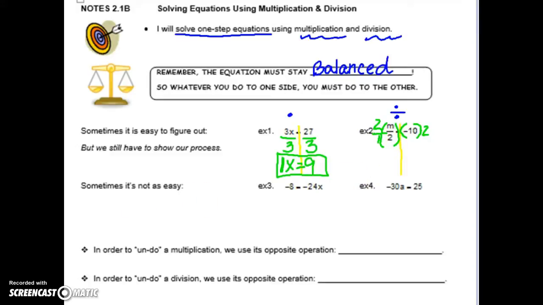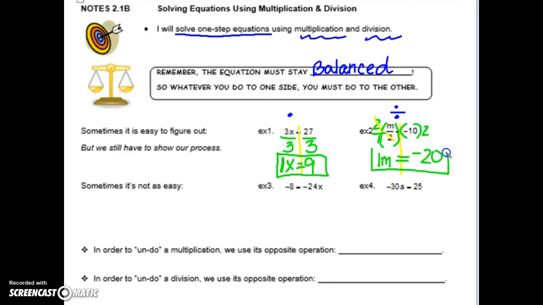That's essentially what we're doing here. So if I have 2 across from a 2, what can I take out of both of those? I can take out a 2. Which those both become 1s, right? So essentially, I can just cross those out. So all I'm left with on this side is a 1m, okay? So that's the long version of what you're supposed to be doing. And then negative 10 times 2 is a negative 20, okay?